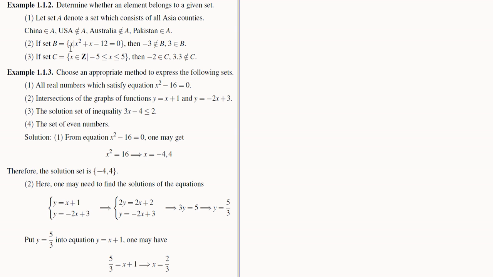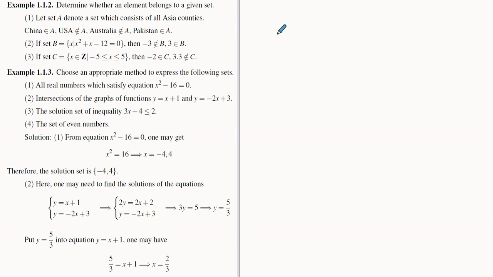Here, again, the first x represents the element, and the second part is the condition, with the vertical line to separate the representative and the condition. Here we know -3 does not belong to the solution set. Why? Here is the detail.